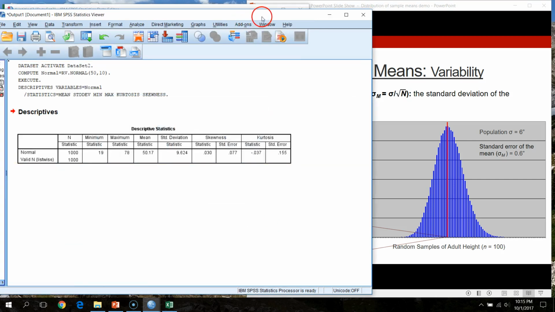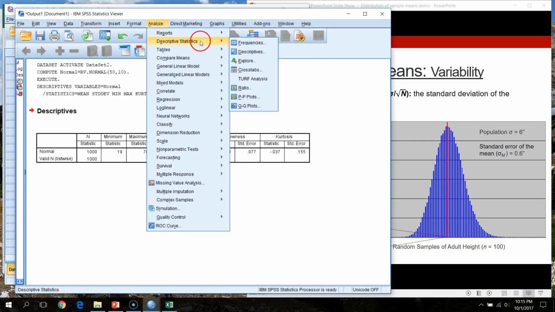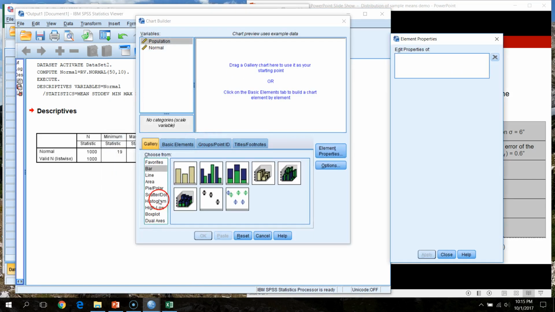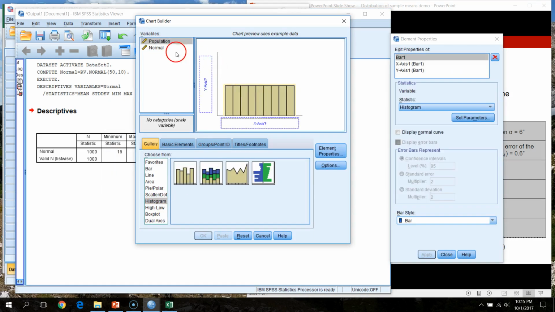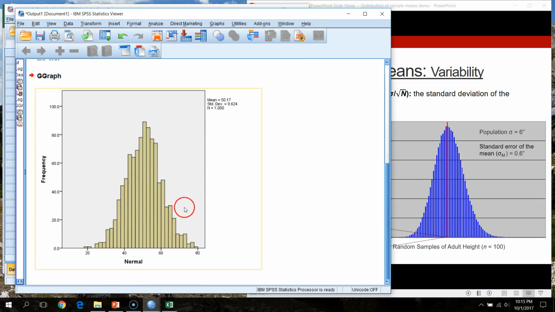If we take a look, yep, that's what we've got: a mean very close to 50, a standard deviation very close to 10, and very little skew or kurtosis. And if we look at this variable graphically, we've got a very nice distribution. So this is my population of 1,000 scores.